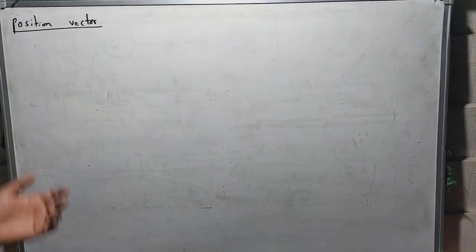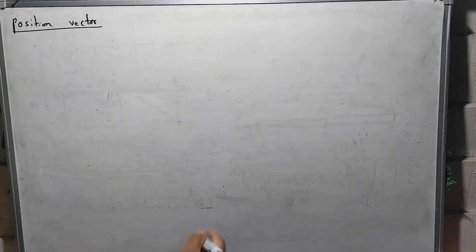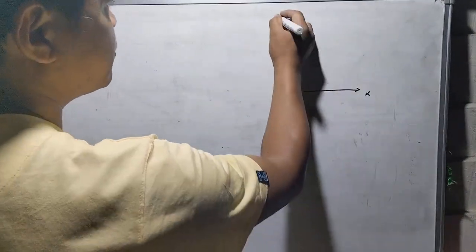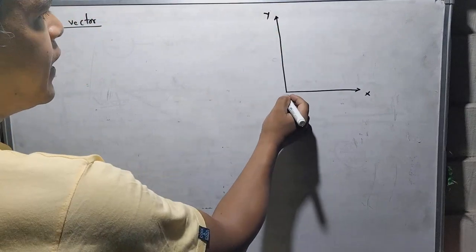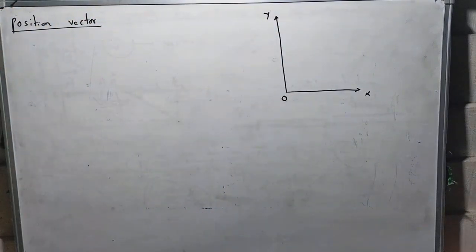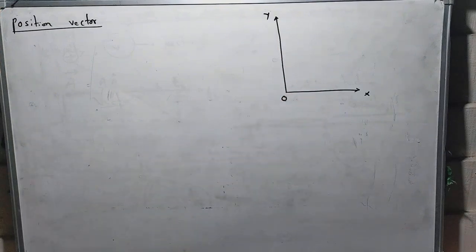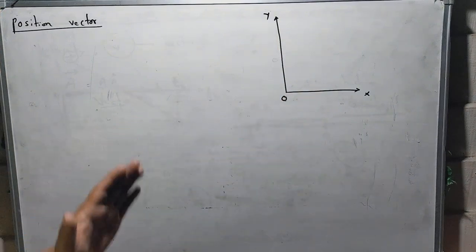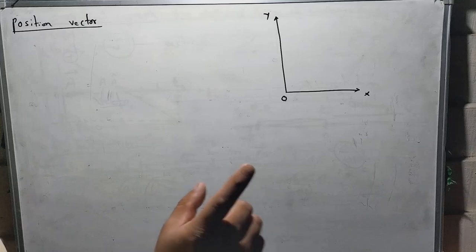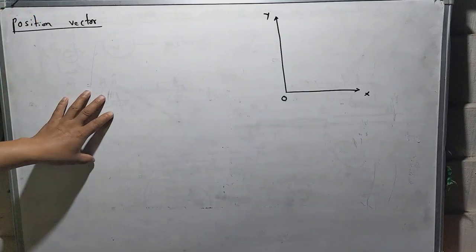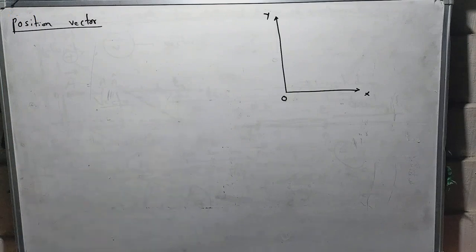Okay, next we will look at position vector. Consider coordinate axes x and y, and this is the origin. This xy coordinate system means the object is moving in a plane, because in a plane we have just two coordinate axes, x and y, just like the plane of this board.